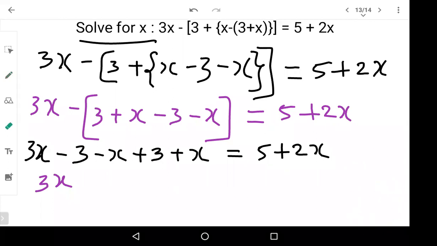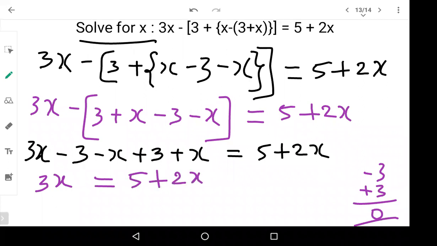And then regarding the numbers, we have minus 3 plus 3, which is nullified, right? So you have minus 3, you have plus 3. So minus 3 plus 3 is nothing but 0. Correct? So what you can do is, you need not write anything. Just go for 5 plus 2x.